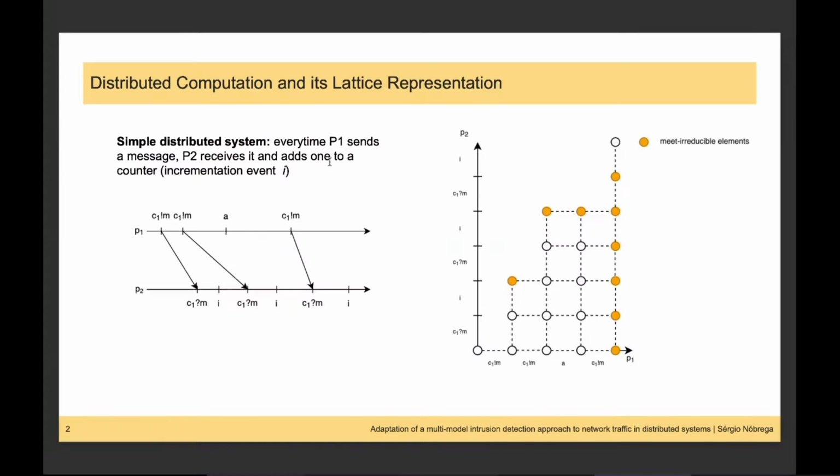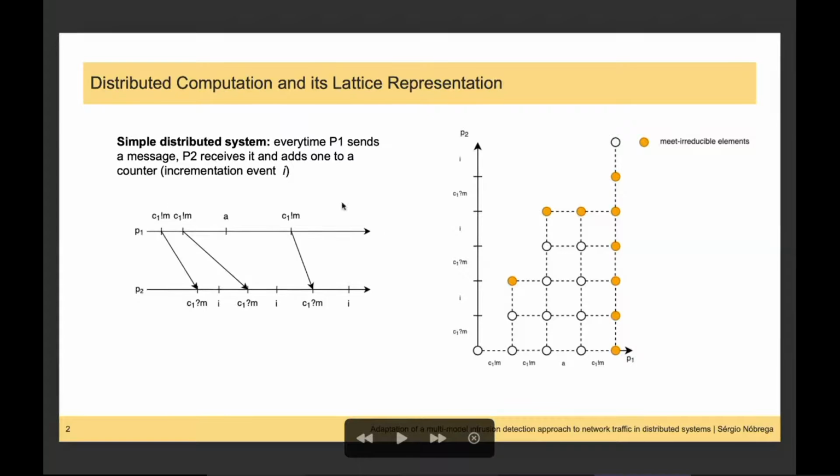So this is a very simple introduction to the model itself and how the models are being built and why they are interesting. Here we have a very simple distributed system which has just two processes.